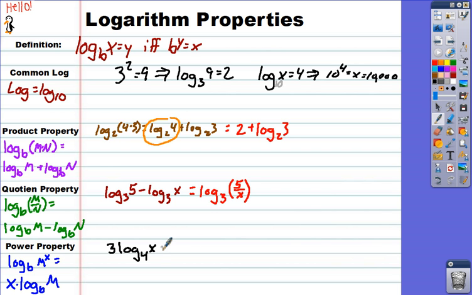Right now it's expanded, and we're going to condense this by bringing this multiplier up as a power. So we would change this to log base 4 of x cubed, and that would be the simplified version. It doesn't matter if there are variables or if it's all whole numbers. If you can simplify whole numbers, feel free to do so.